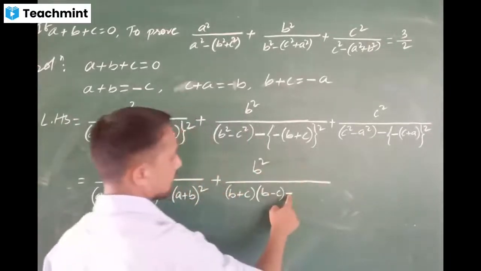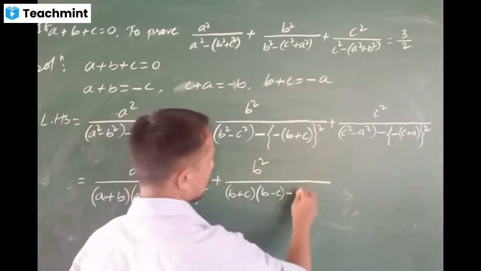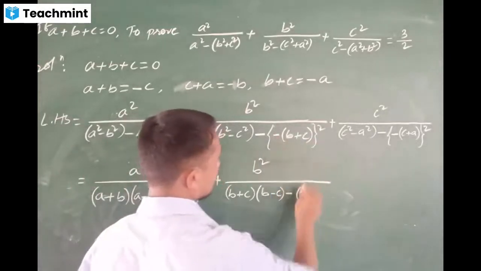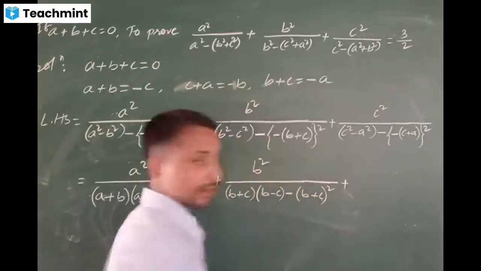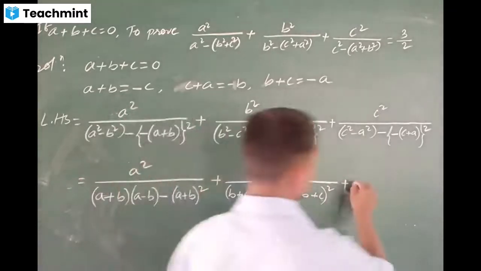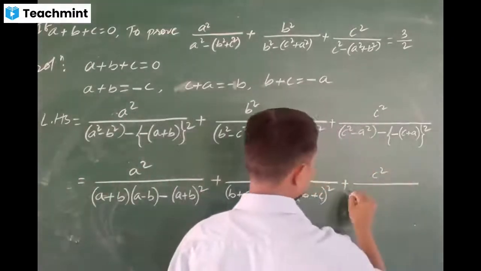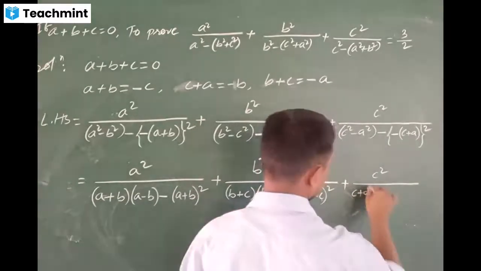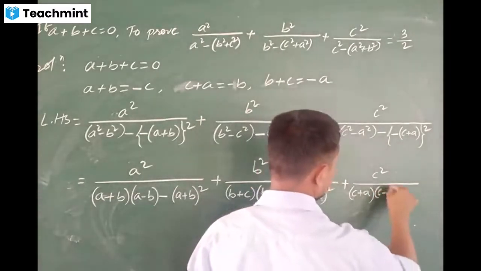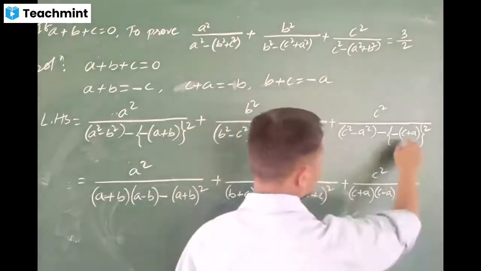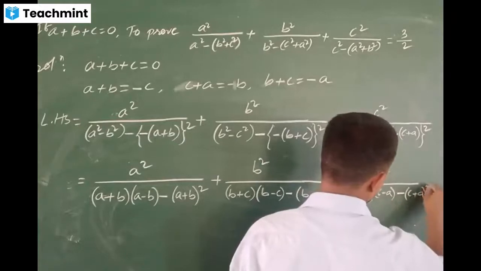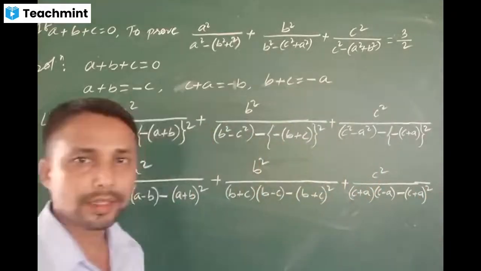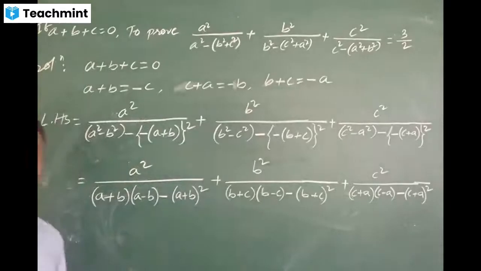This minus is here, (b plus c) whole square, because minus square becomes plus. Plus, at the last we have c square, c plus a, c minus a, okay, then minus, this minus is a square as positive, (c plus a) whole square.